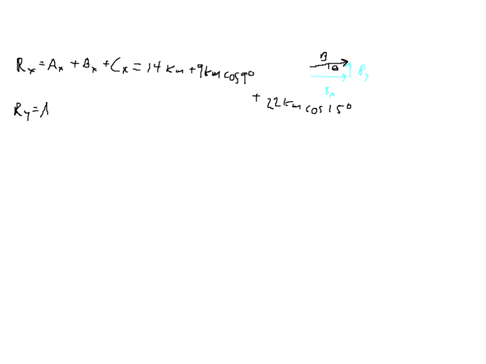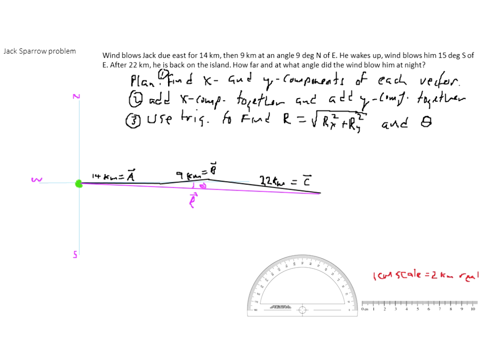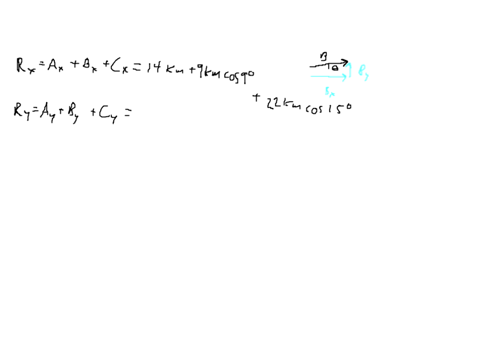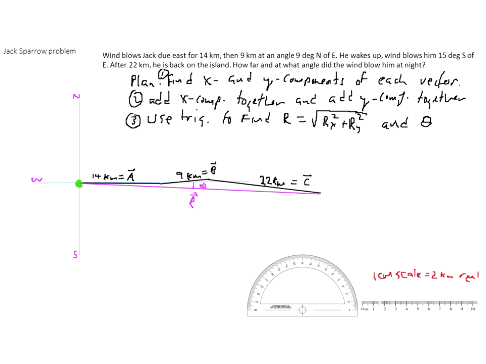R sub y is going to be the same thing. That's going to be AY plus BY plus CY. And now there's no Y component of A, so that one's going to be 0. For this one, the Y component points upward.